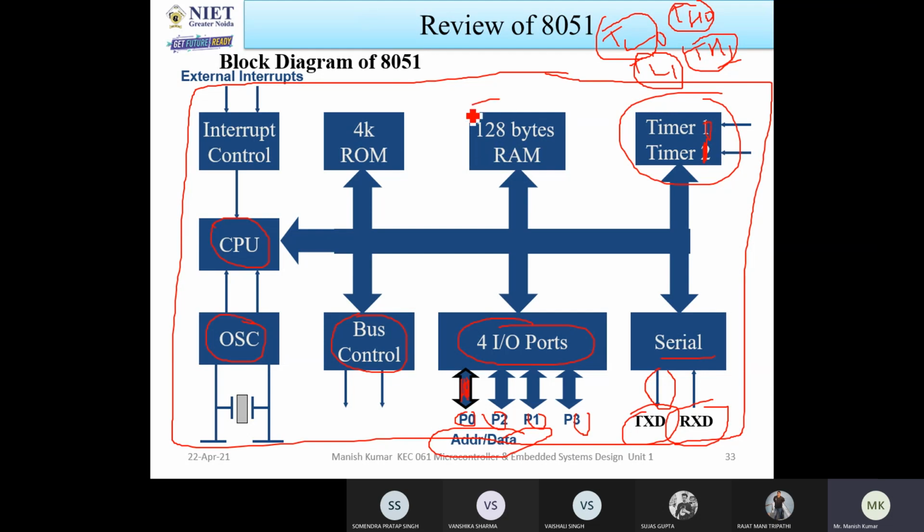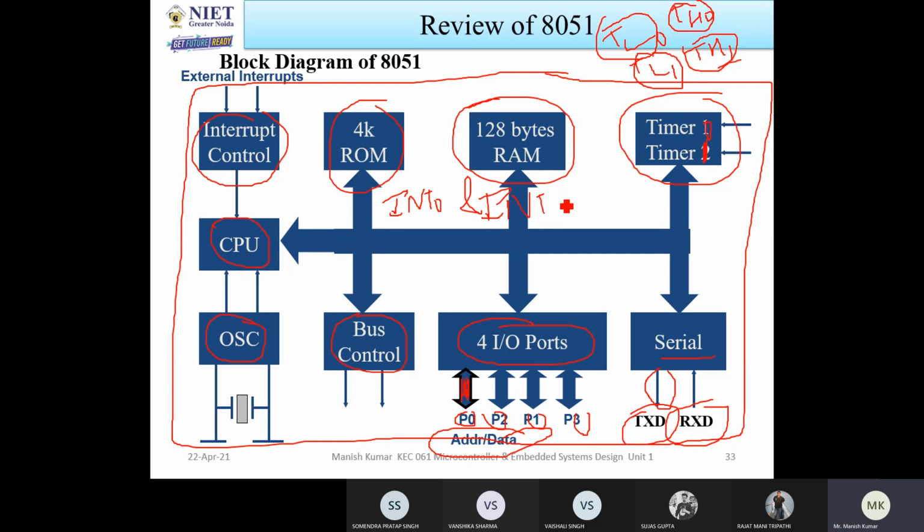Now the memory: 128 bytes of RAM is available and 4 kilobytes of ROM. Then interrupt control: for external interrupts, some pins are defined, called INT0 and INT1. There are 2 external interrupts.